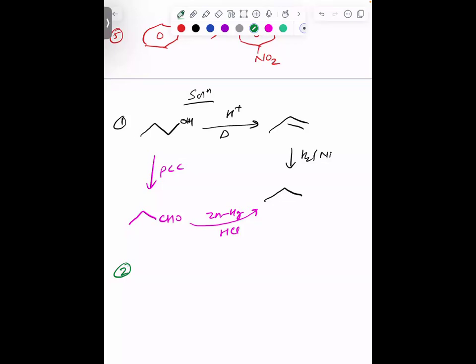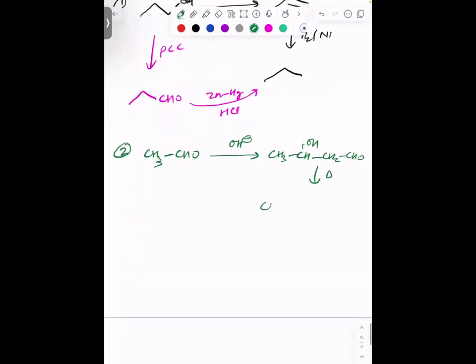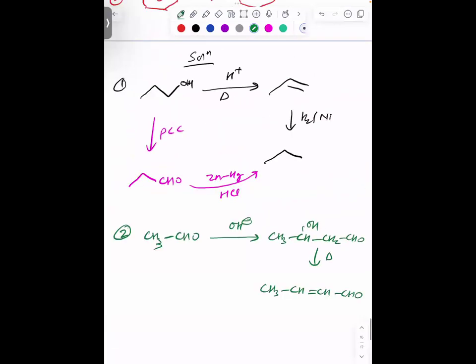So first it is ethanal. With dilute alkali it will be converted, and after heating, this is the second question. Note down.